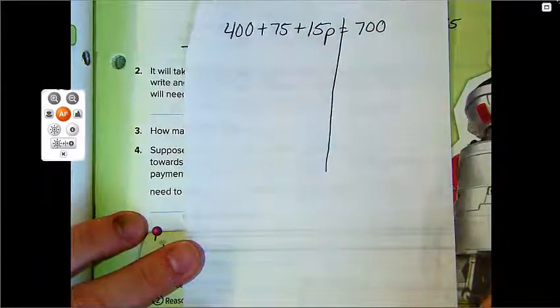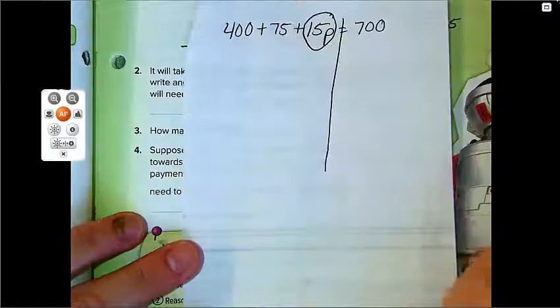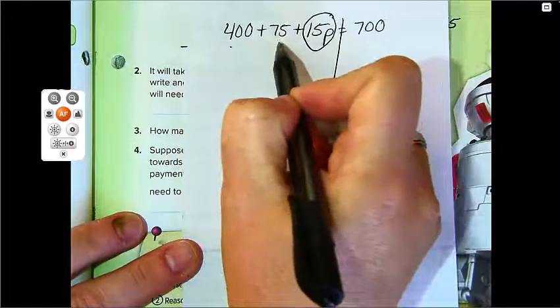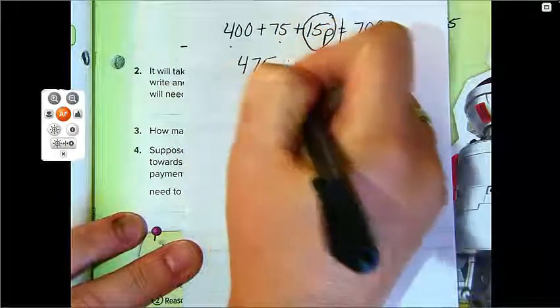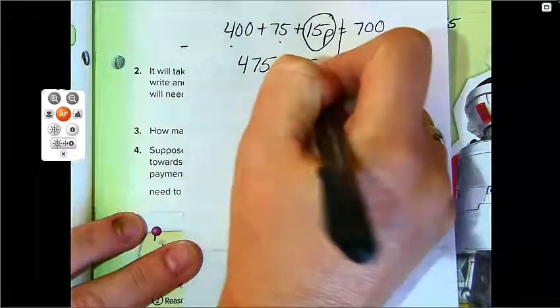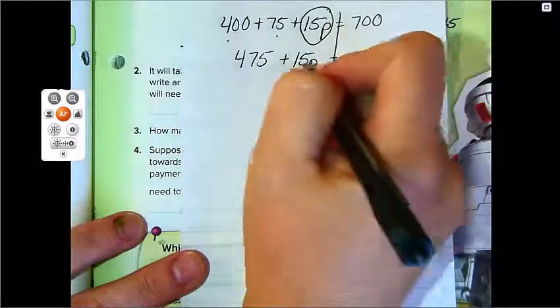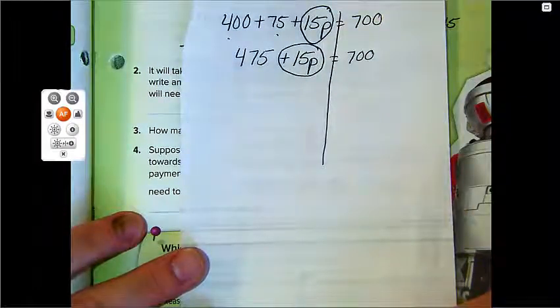Draw your line down from the equal sign. I want to focus on this side, on the variable side, the side with the letter. And I have a 400 plus 75, which is 475. I can combine those because they don't have any letters with them. And now, just like before, I focus on the side with the letter, and I want to move everything not connected to that letter.